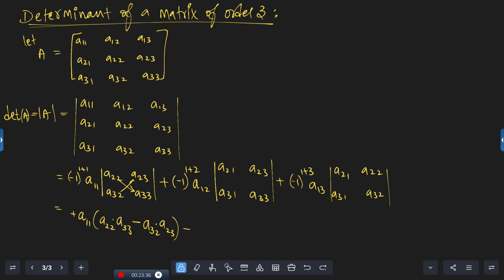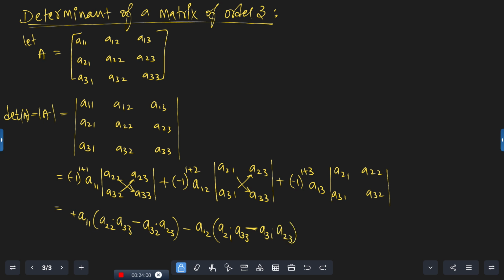So minus 1 into A12; you can mention the 1, or else leave it. And this one, if you take the product, you will get A21 into A33, minus, since the arrow above goes, we should give minus. Don't forget in the 2 by 2, that is the shortcut. And A31 into A23.